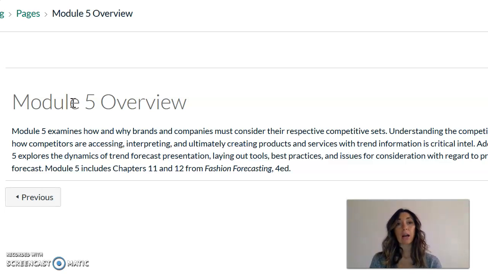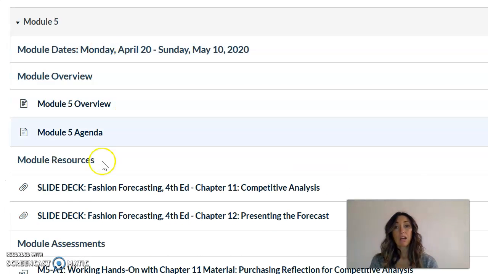That's an important chapter in terms of tying up the last components of what you would do with the forecast, which of course is to communicate it to others. So that's what Module 5 is all about.